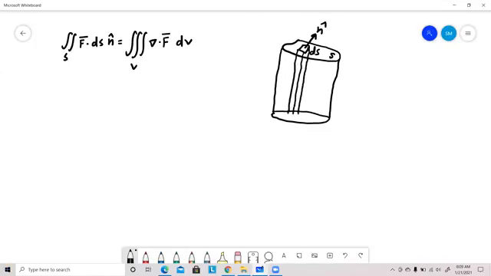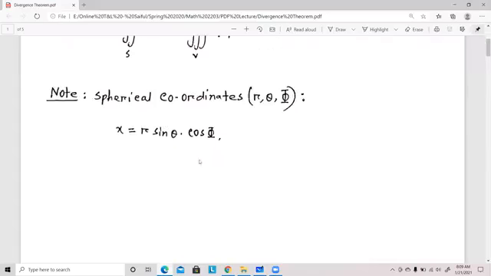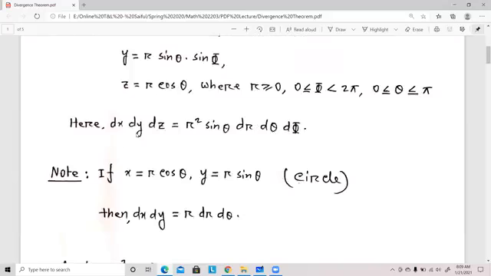Like this. তো আমাদের this is the about Gauss's or divergence theorem, and here given two coordinates, spherical coordinates and the coordinates for circle.